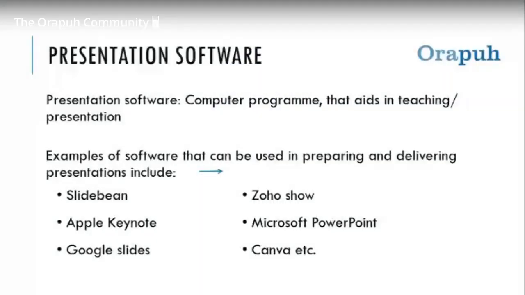So here you can see the different examples of presentation software as listed on the slide. We have the Apple Keynote, the Slide Beam, the Google Slide, the Zoho Show, Microsoft, so many of them. But we'll be concentrating more on Microsoft PowerPoint.